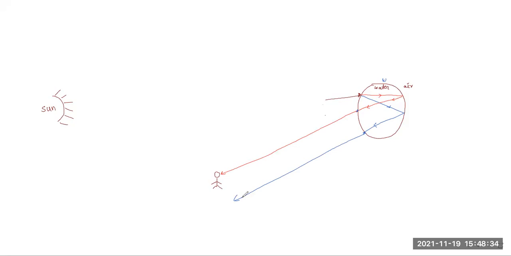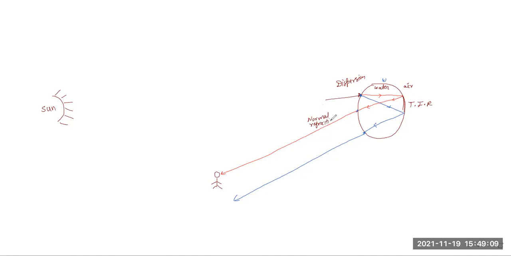Fine. So to observe a rainbow, at this point what happens is only dispersion. What happens at this point is total internal reflection, on this side. What happens at this side is normal refraction.